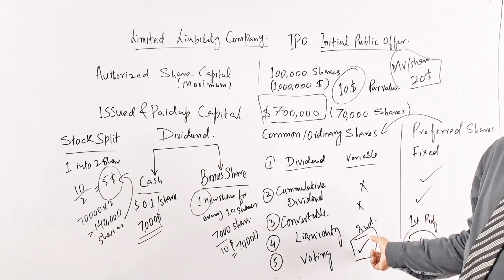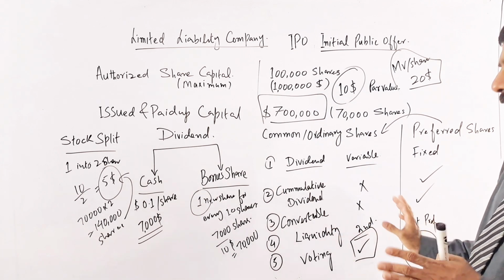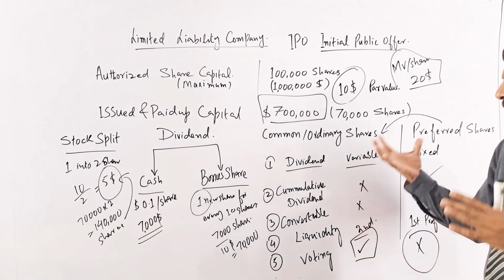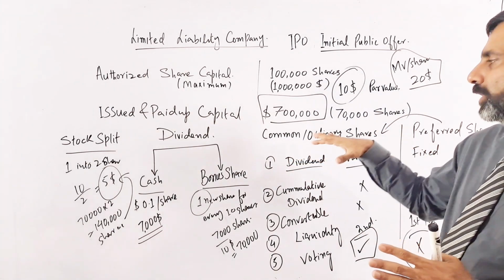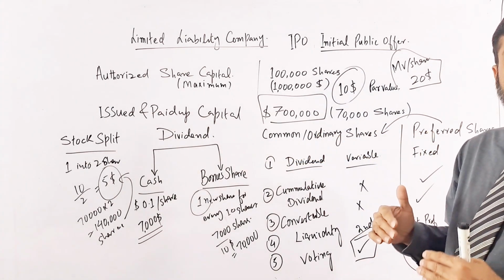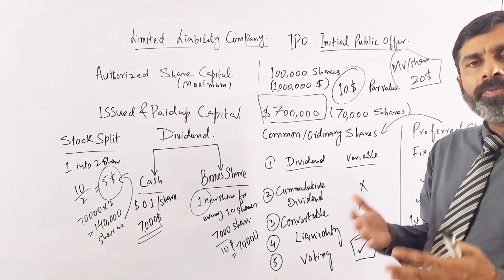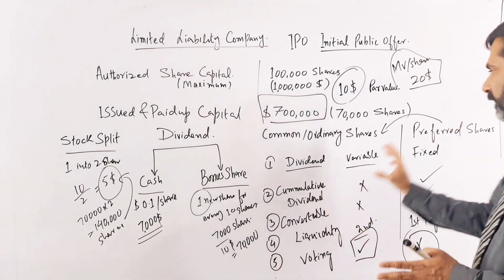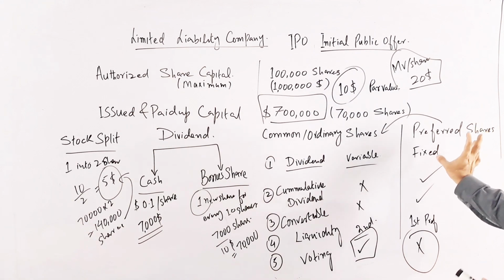In case of liquidation, the first preference is given to them, but the problem is they don't have a voting right. So the voting right is the main strength of the common shareholders. And if the company is progressing, there is more profitability, so they get more dividends as compared to the fixed dividend given to the preferred shareholders.